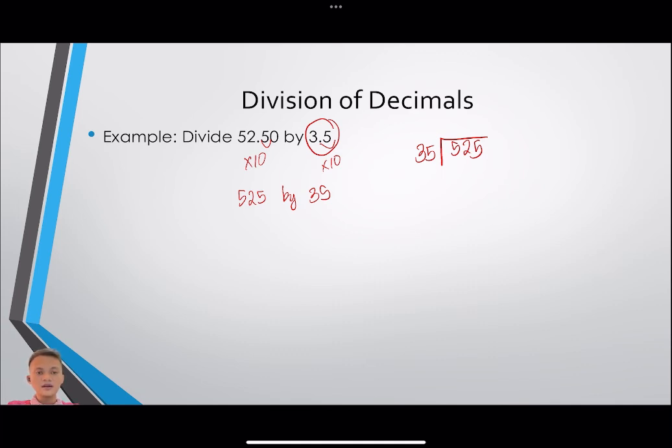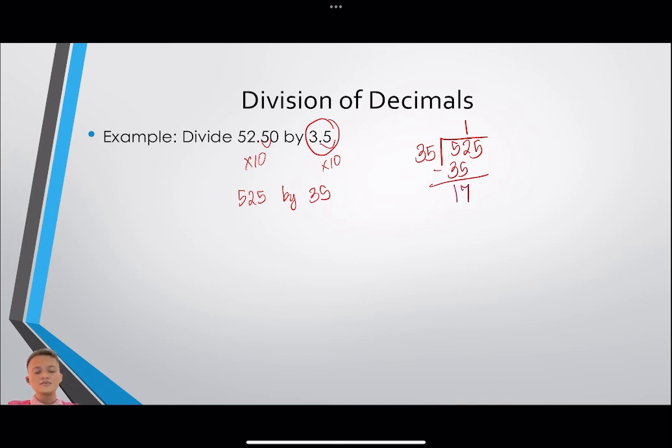525 divided by 35. Okay? So, 5 divided by 35 cannot be. 52 divided by 35 is 1. 35 times 1 is 35. 52 minus 35 is 17.